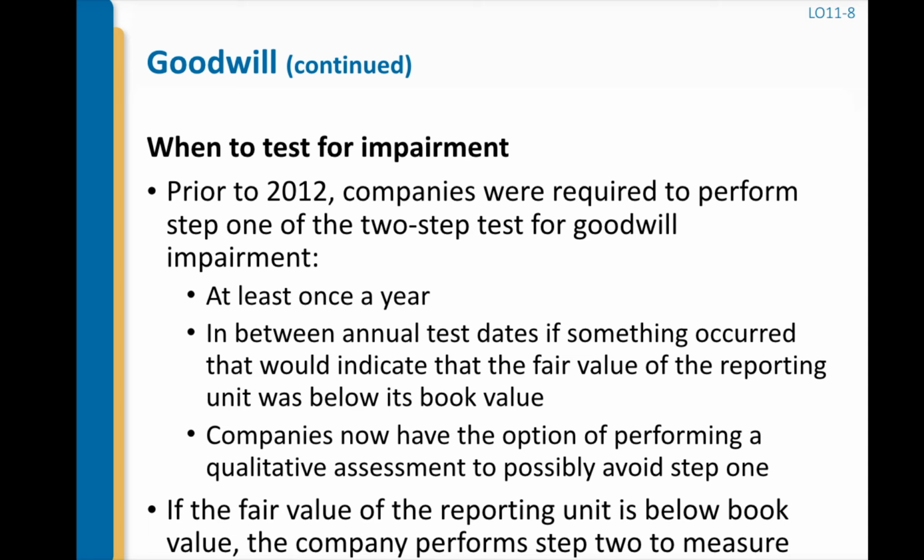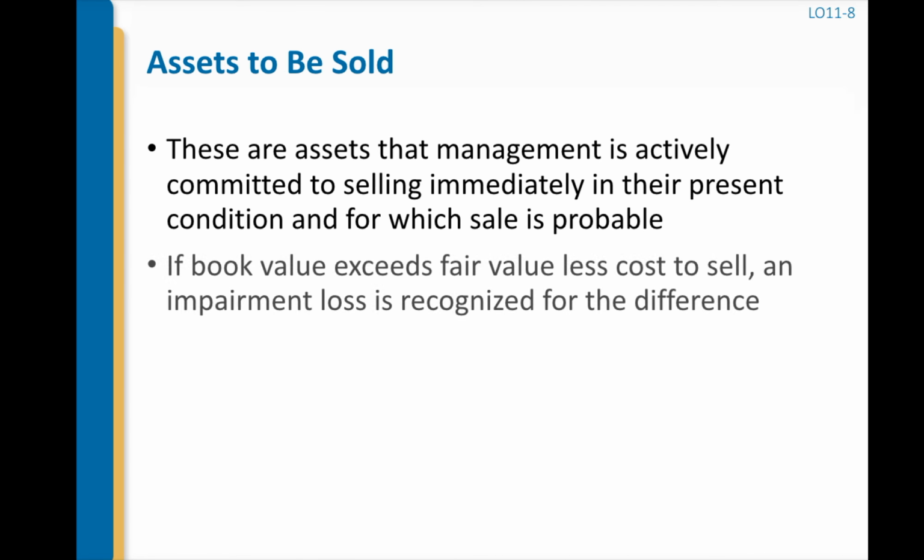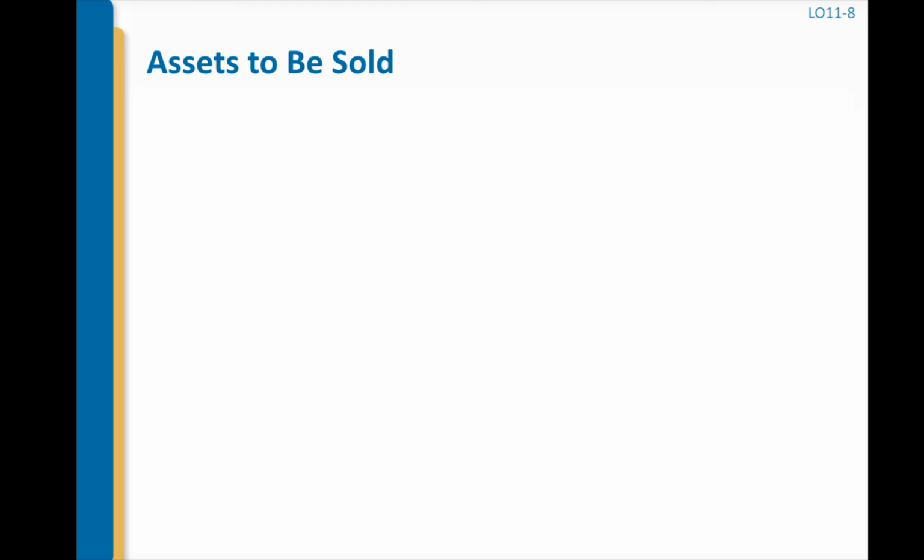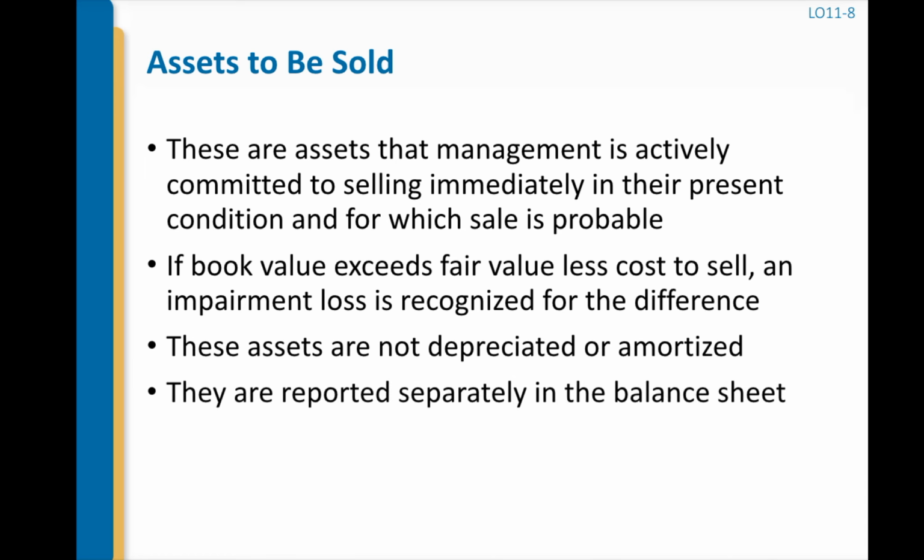Basically, at this point, you have the option of performing a qualitative assessment to avoid step 1 of the test, but it has to be done once a year. Okay, never mind. You can just look at the slide, the PDF version.